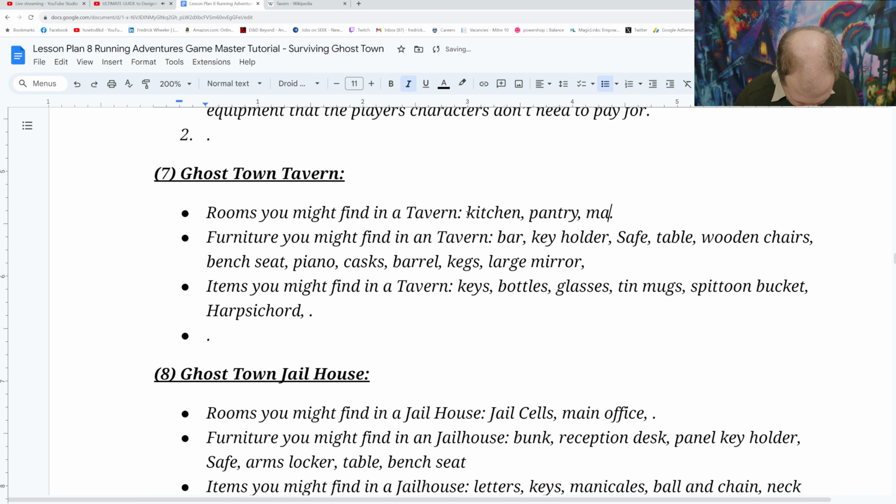Main floor. Main. I'll just put bar area. Okay, menu.